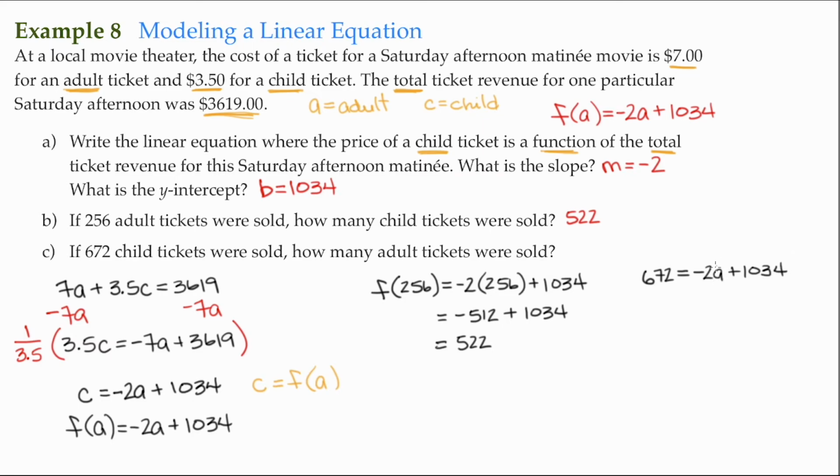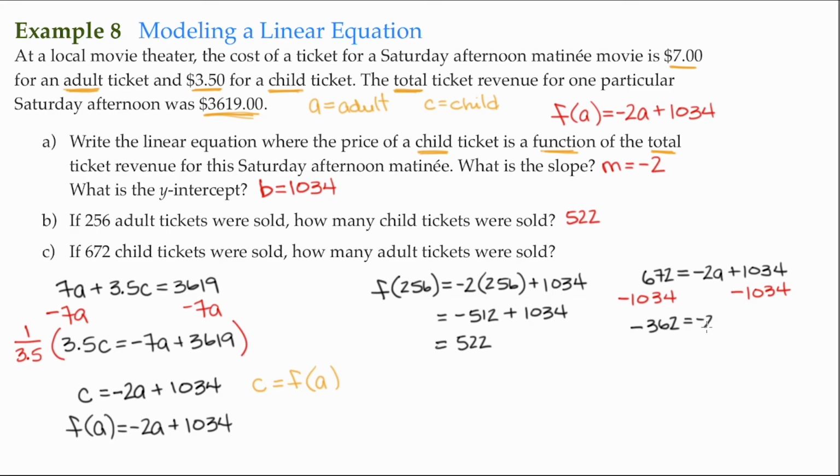And then just solve for a, because that's what we want to know, how many adult tickets were sold. So we could go ahead and subtract out the 1,034. 672 minus 1,034 is negative 362.